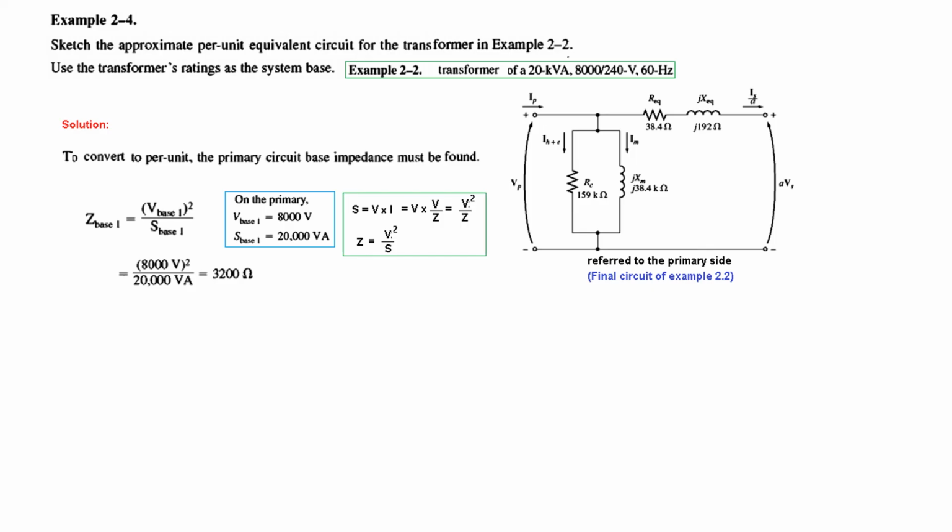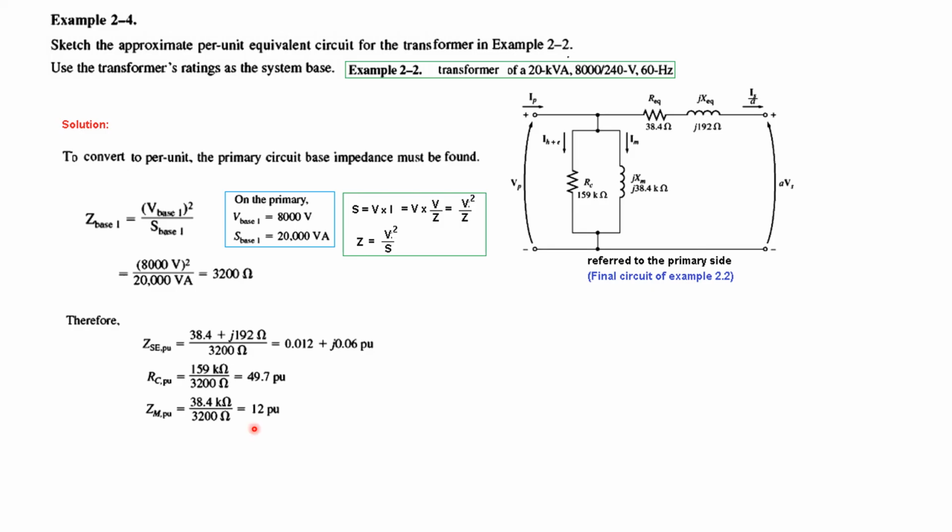Now we'll divide all these by the Z base to find them in PU. So Z of the series portion divided by the base becomes a per unit value. Similarly, this divided by the base is 49.7 per unit. Similarly, 38.4 divided by the base is 12 pu.